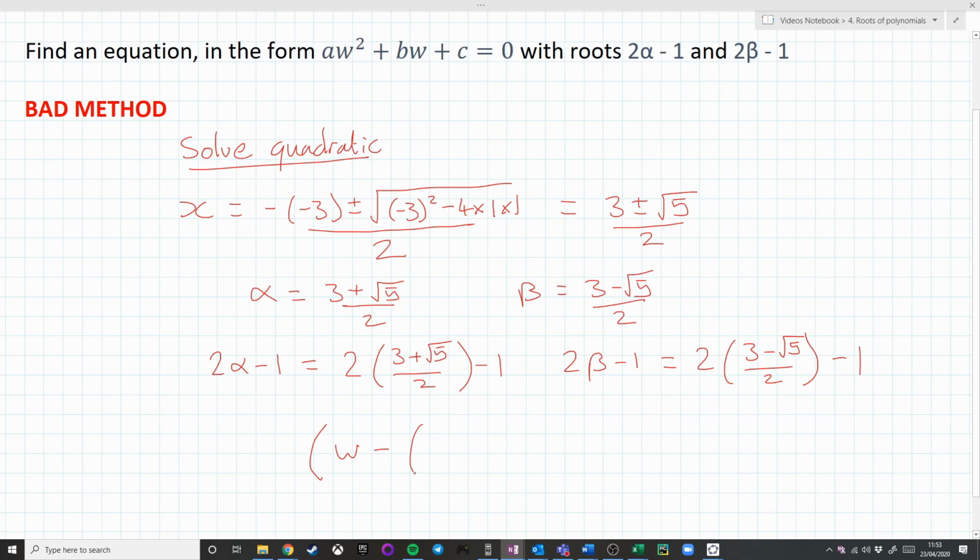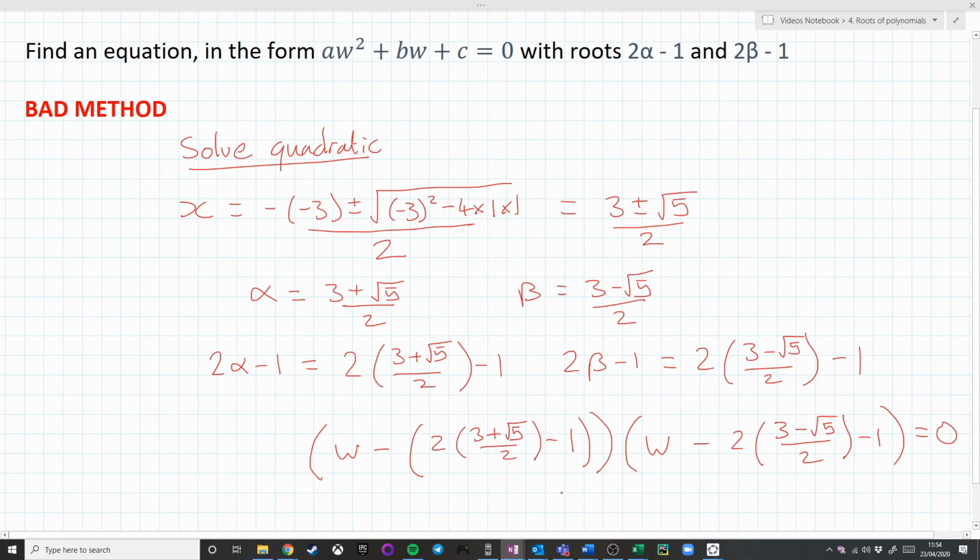W minus the first root, 2 times 3 plus root 5 over 2 minus 1. That's going to be the first bracket. If W was equal to that, we'd get 0. The second bracket, because we know that we can always construct a quadratic in this way with required roots. Okay, there we go. That's a quadratic with those roots.